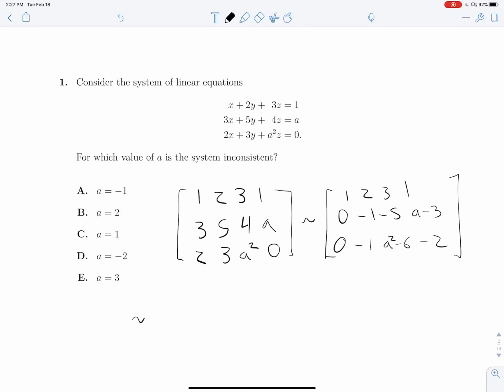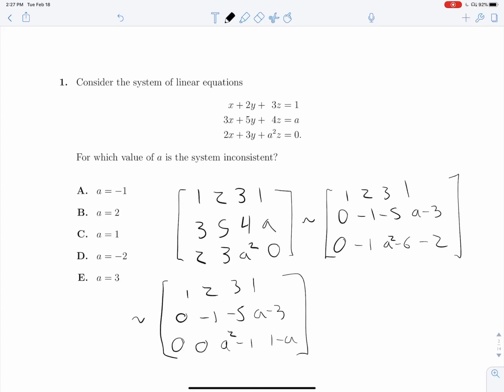And we're actually almost done because we can subtract row 2 from row 3, and we will get 1, 2, 3, 1; 0, -1, -5, a minus 3; 0, 0, a squared minus 1, and 1 minus a.